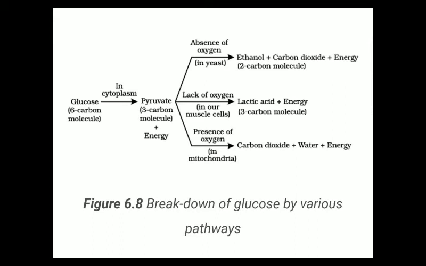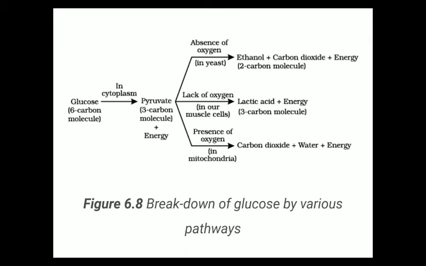In which condition will this pathway of breakdown of glucose take place? In absence of oxygen. Suppose a person performs a vigorous or very hard exercise. Energy is required, so we have to release that energy, but there is not an adequate amount of oxygen in the muscles.